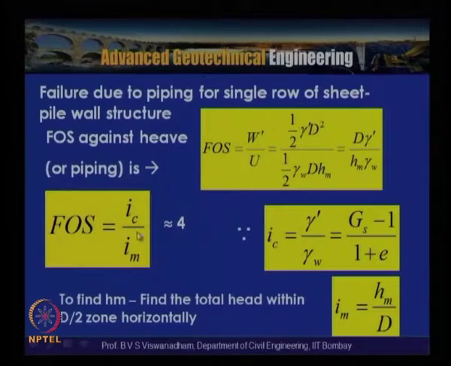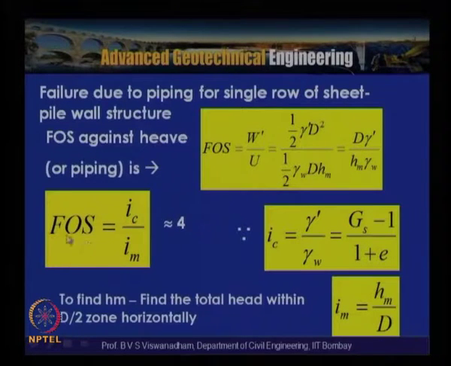So the factor of safety is gamma dash by gamma W, which is nothing but Ic, the critical hydraulic gradient we have discussed, equal to gamma dash by gamma W, that is Gs minus 1 by 1 plus e. And Im is Hm by d, where Hm is the average total head beneath that prism and d is the depth of penetration.